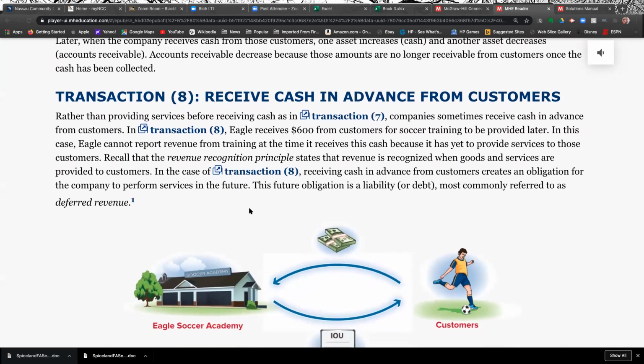Okay, now here's just the opposite of accounts receivable. With accounts receivable, you did the work for the customer. You promised to do something for the customer and you did it, and the customer said, okay, I'll pay you next week. That's perfectly fine. But here's an example where the customer paid you in advance.